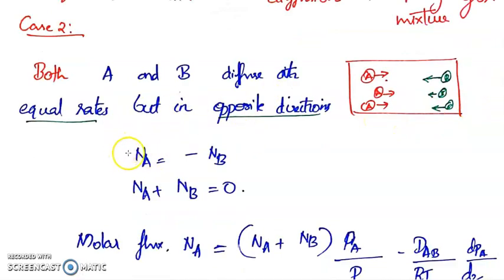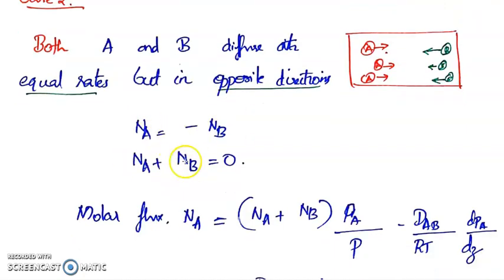So I can write like this: NA is equal to minus NB. This means that both NA and NB have equal molar fluxes, but they are diffusing in opposite directions. This negative sign represents the direction in which B is diffusing, that is, in the opposite direction compared to A. Another thing is that NA plus NB becomes equal to 0.